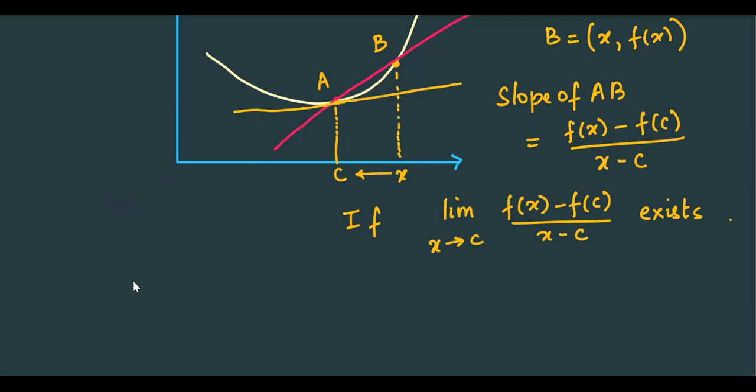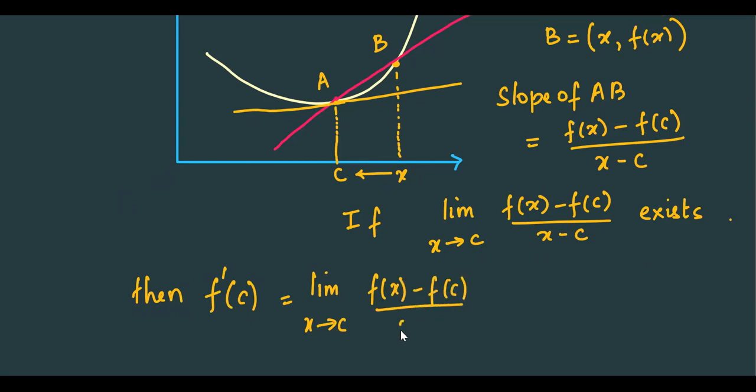There will be the same straight line. Then f dash C, which is the value of the limit, is the differential coefficient or the derivative of the function at C. That's what it means.